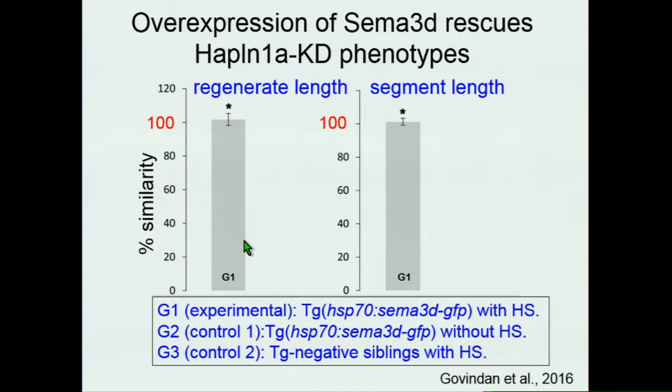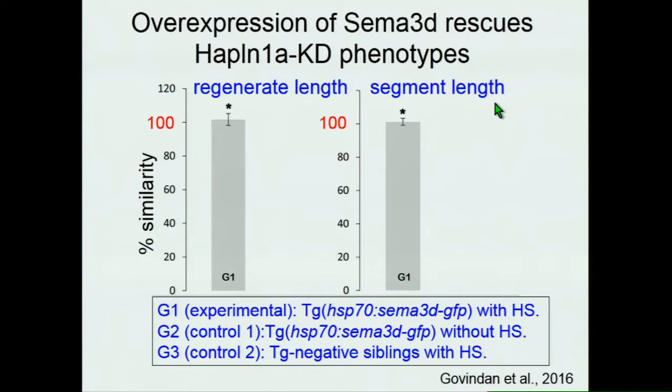Okay. So we started by doing Hapln1a knockdown in regenerating fins, as we did for our other studies. And then we followed that Hapln1a knockdown with a 1 hour heat shock to induce the expression of the transgene. And we see in these experimental animals that we get about 100% similarity for regenerate length and segment length, right?